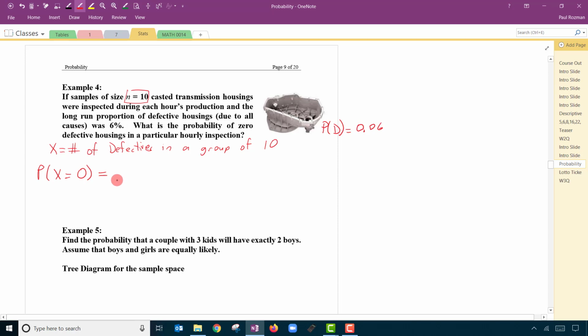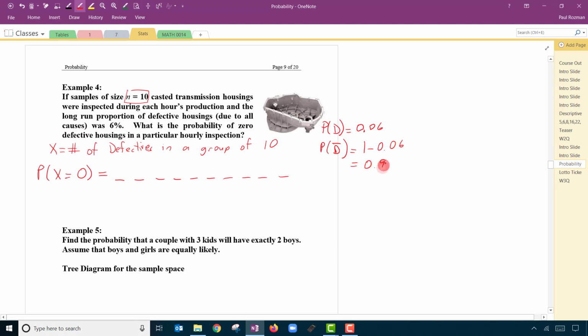So basically, I'm going to need a good and a good and a good and a good, well, 10. Well, what's the probability of being good? That's the probability of not being defective. So we're using that rule of complements here. That will be 1 minus 0.06.